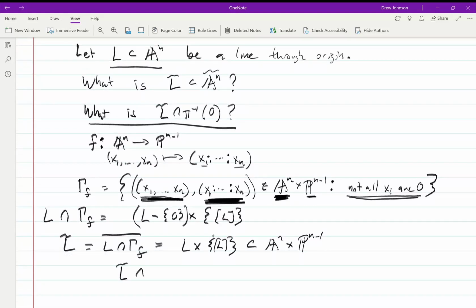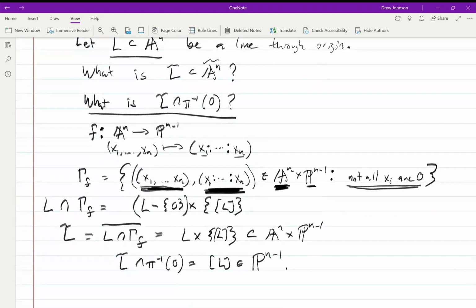Now we can see what's going on here. This is just going to be the class of L considered as a point in P^(n-1). So every line intersects the exceptional fiber in the point corresponding to that line, if that makes sense.